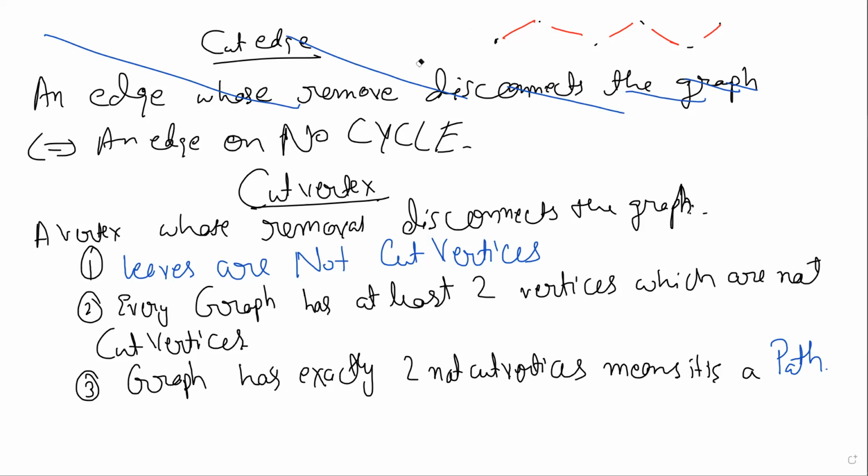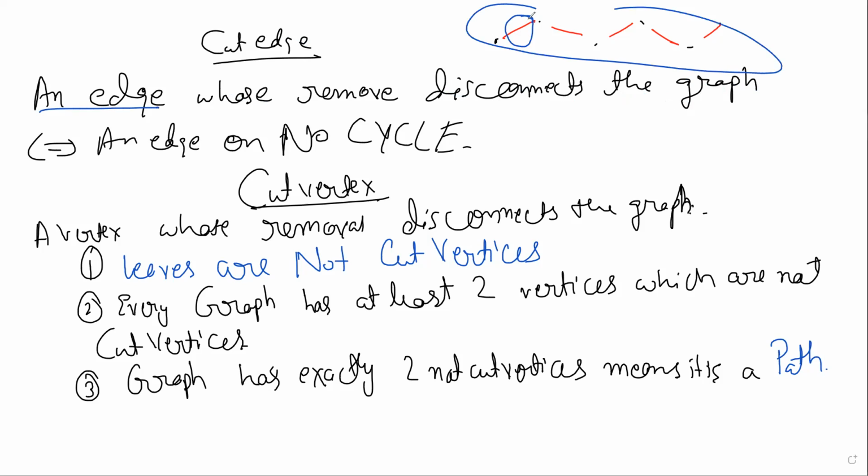If you're asking about removing the edges, then that's a different question. If you remove the edges, you remove the edges, you don't remove the vertices, right? If you say an edge, then, because this is also a tree, every edge will be a cut edge, and that's easy to see also. Yeah, so that is the thing.